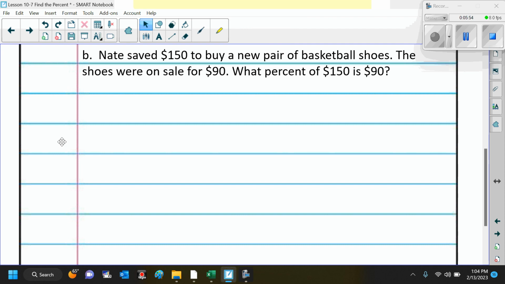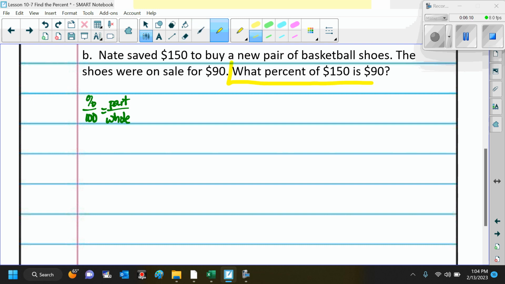So again, the first thing you want to do is write your formula. Here we have percent over 100 is equal to the part over the whole. If you look at here, it already gives you your what number question. And you can see we're solving for the percent.